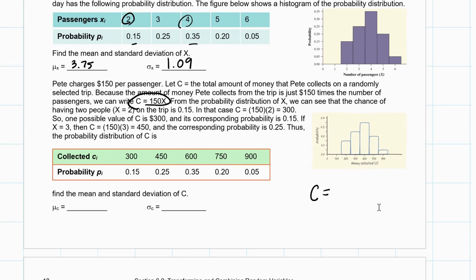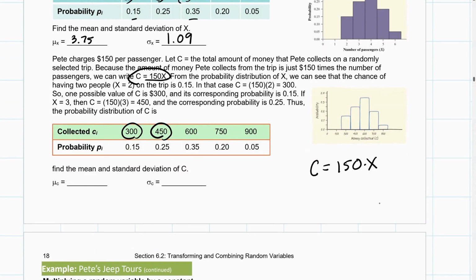The new random variable C can be found by taking the old random variable and multiplying it by 150. So two passengers multiplied by 150, Pete collects $300. Three passengers multiplied by 150 gives $450.